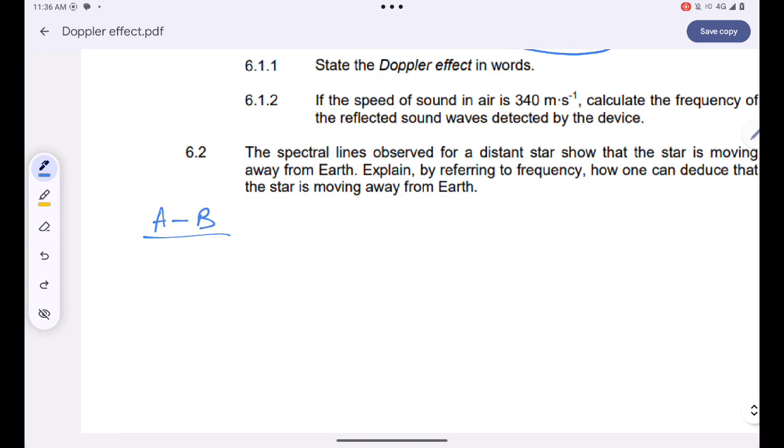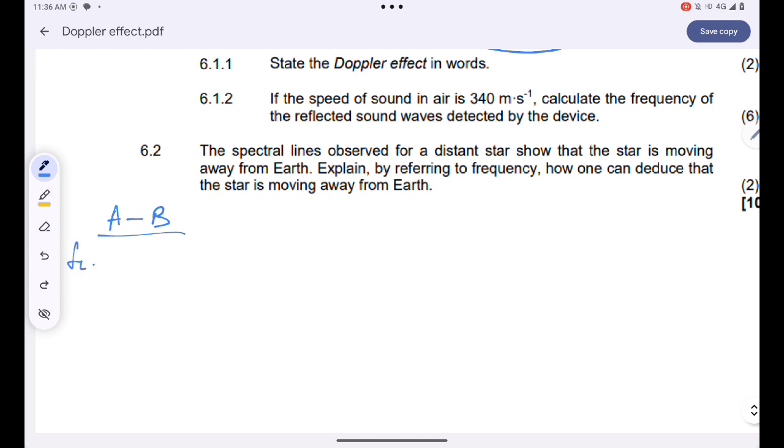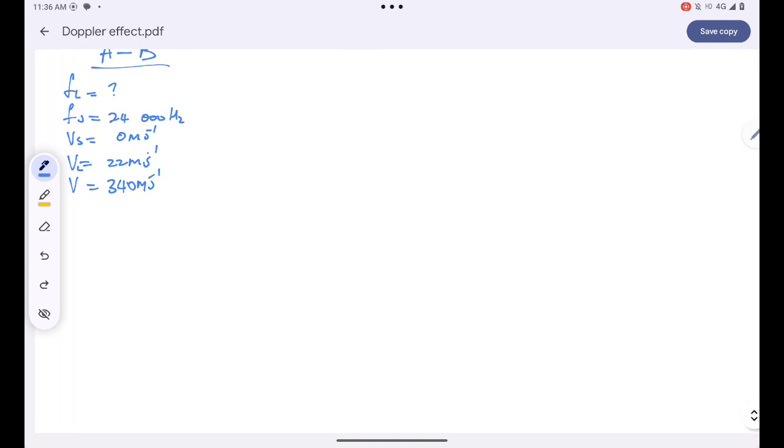For path A to B, we don't know the frequency detected, but I know that the source frequency is simply 24,000 hertz, and the velocity of the source is stationary, but the car is moving at 22 meters per second. The speed of sound in air is simply 340 meters per second. By just using this information, we can calculate the frequency detected by the car.